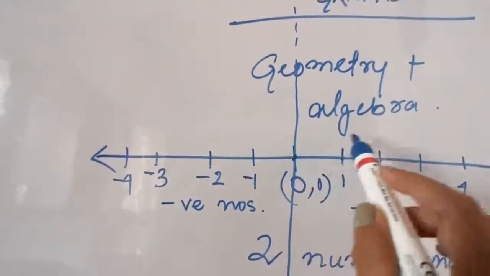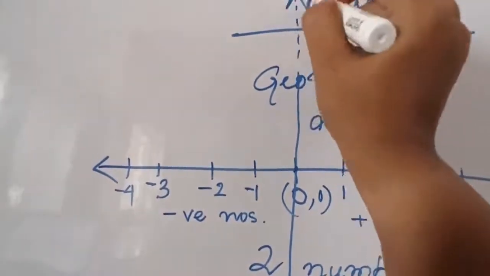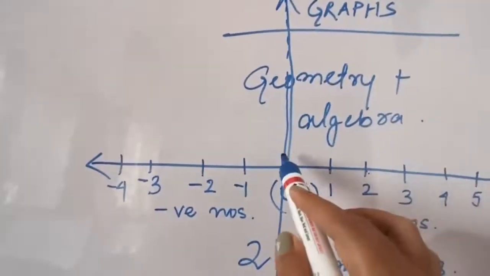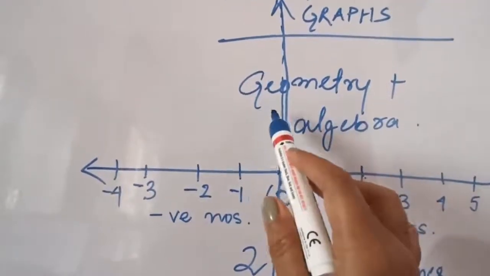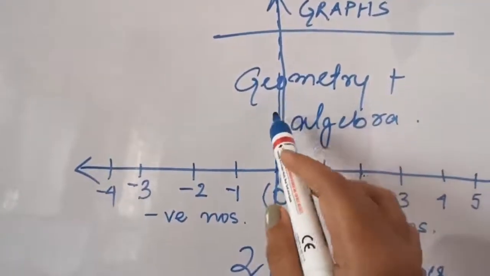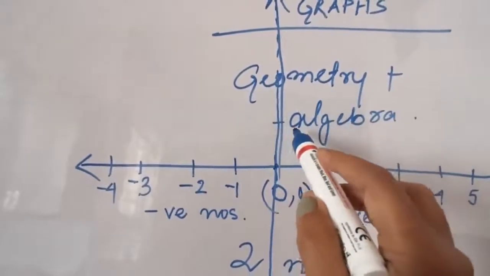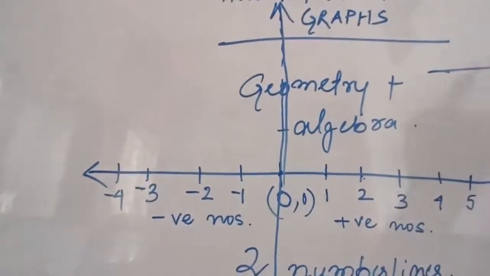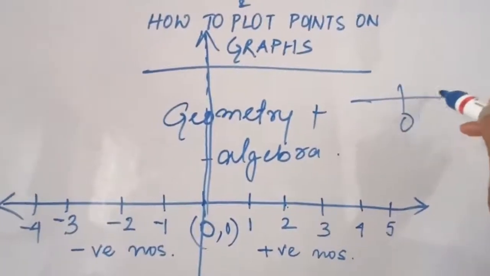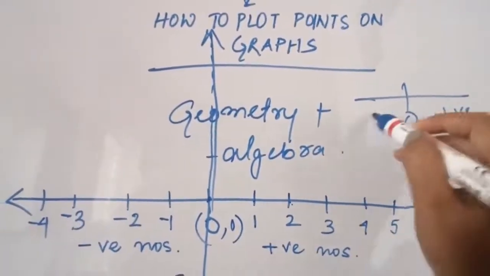Now when we denote each point, it will denote the position of a particular point. Similarly, if I draw another number line, it will also have a 0, with positive numbers on this side and negative numbers on this side.